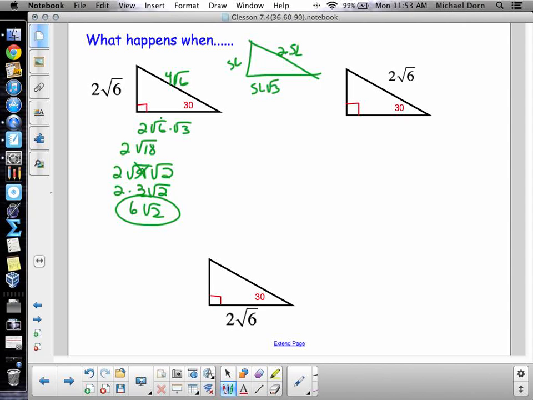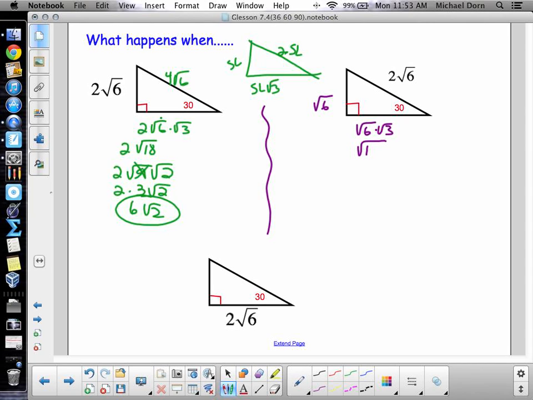This time, I give the hypotenuse. The 2 root 6 is the hypotenuse. What's the relationship between the hypotenuse and the short leg? Hypotenuse is? Double. 2 times the short leg. So half of 2 root 6 would just be root 6. So this side would be root 6 times root 3, or root 18, which you already have established is 3 root 2.